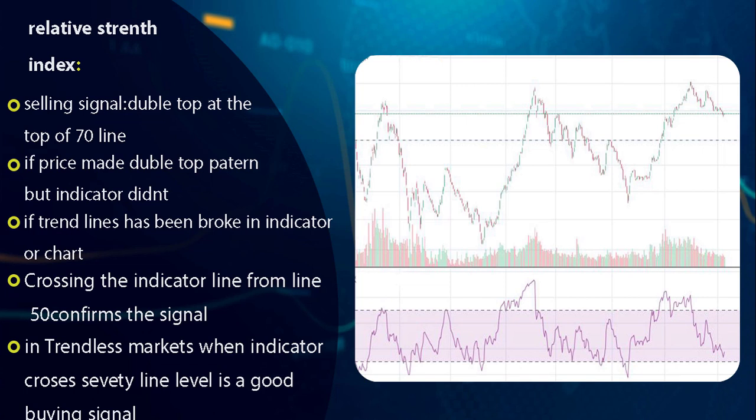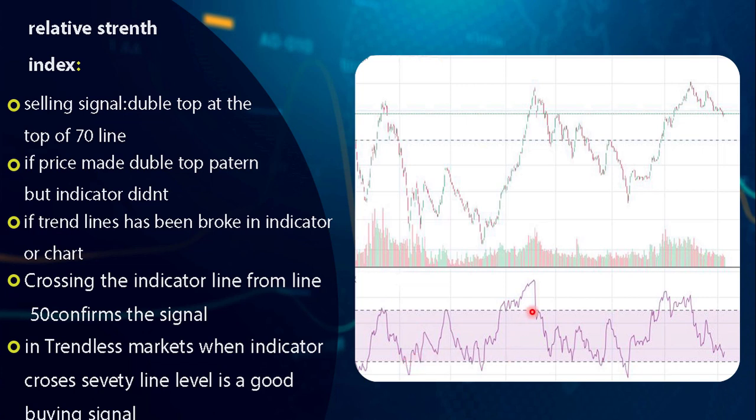In markets that have no upward or downward trend, in the trendless market, when the indicator line crosses the 30 line, I think in that type of market it's one of the best buying signals.